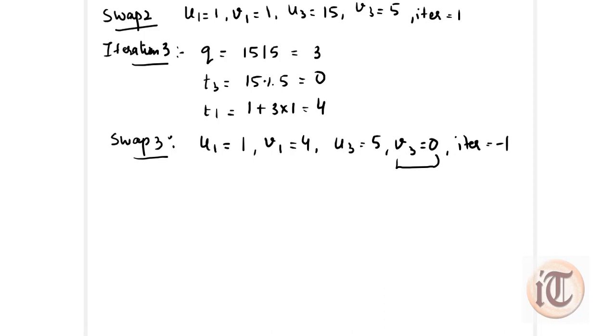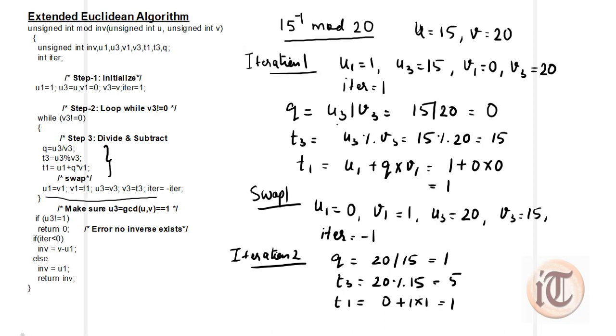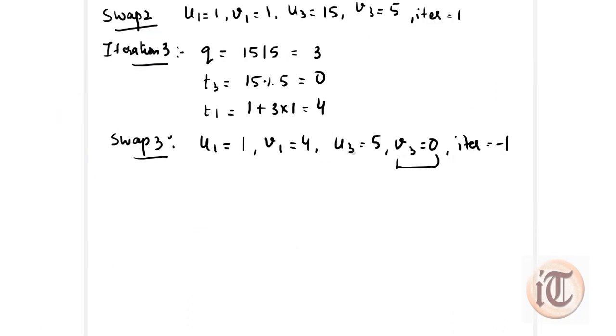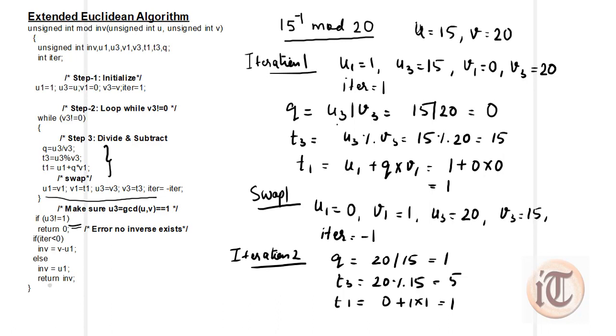According to the algorithm, now we have to check the next step, that is if u3 is not equal to 1. In my current case the value of u3 is 5, which means it is not equal to 1. The if condition says that if u3 is not equal to 1, then you have to return 0.